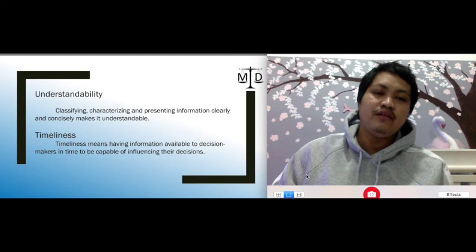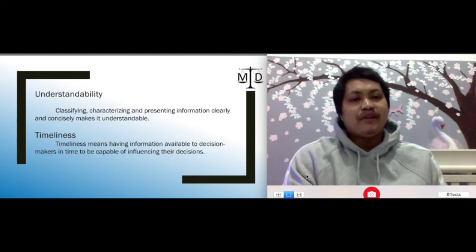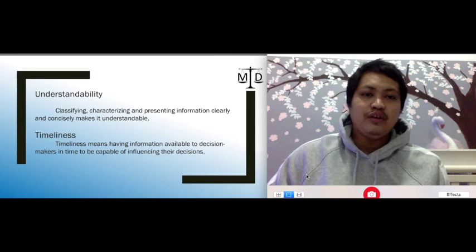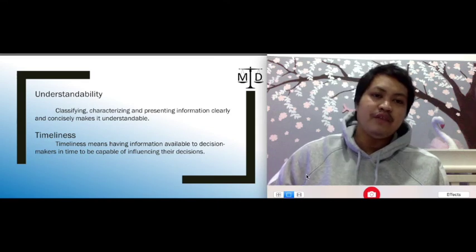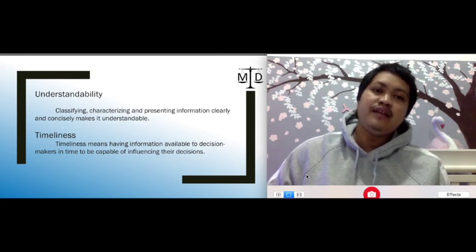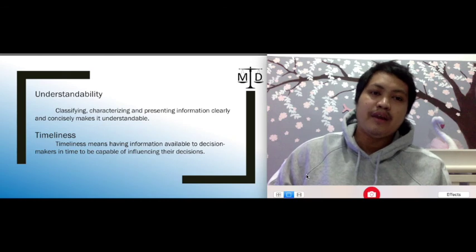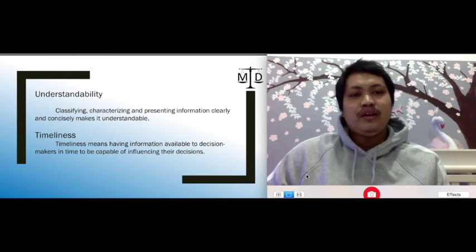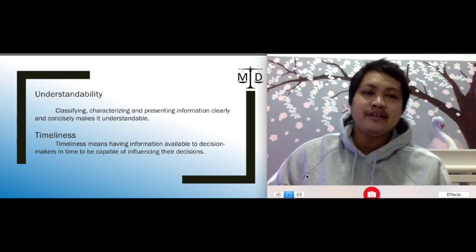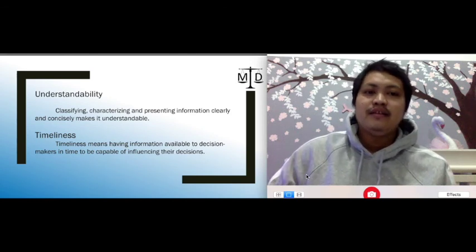So as I've mentioned before, it's possible for accounting standards to require an entirely new or different requirement if it helps improve the relevance and the faithful representation in our reports, notwithstanding that it will diminish the comparability. So that would be our enhancing qualitative characteristics: verifiability, comparability, understandability, and timeliness.